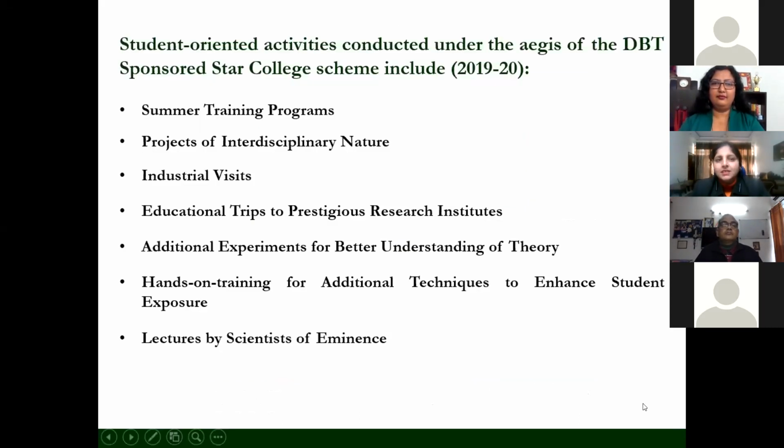Moving ahead, these are the student-oriented activities which we conducted under the aegis of the DBT-sponsored Star College Scheme in the year 2019-20. We have conducted summer training programs, various projects of interdisciplinary nature, and industrial visits, because that was a pre-COVID era, so we could go to different industries and prestigious research institutes.